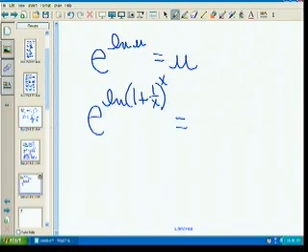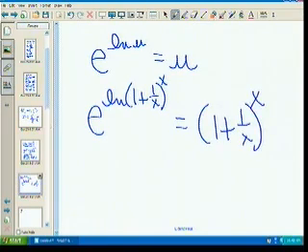What's e to the natural log of 1 plus 1 over x to the x? Good. It ought to be 1 plus 1 over x to the x. Whatever occupies that position, when you compose these, because they're inverses, ends up on the right side.